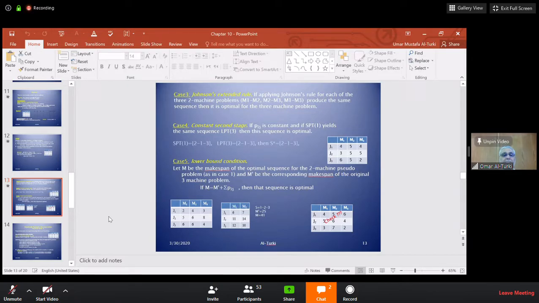Is that clear? This is an example for optimality. This is another example for you to check whether it's true or not.